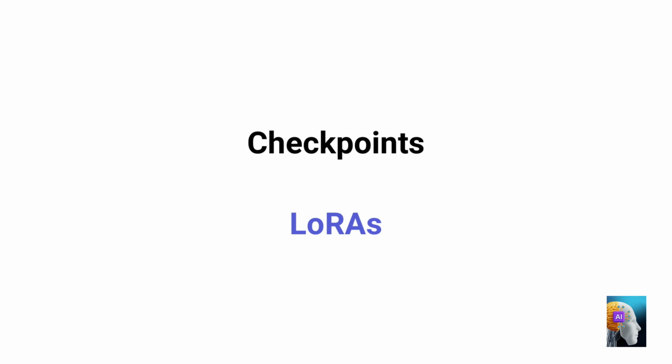That's why you need to add these LoRAs to supplement your checkpoint. So think of LoRAs as small tools that you can add to your model based on whatever you want to produce. This is important because what I'm going to show you next is we're going to use a LoRA to add details and add more sharpness to our photo.